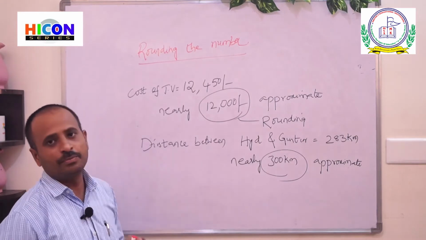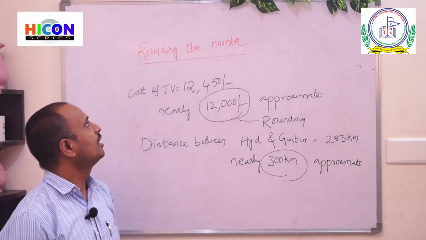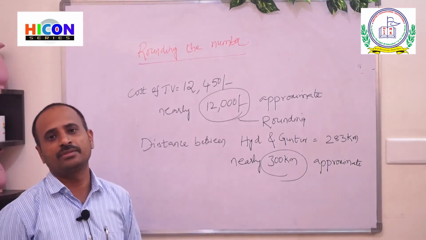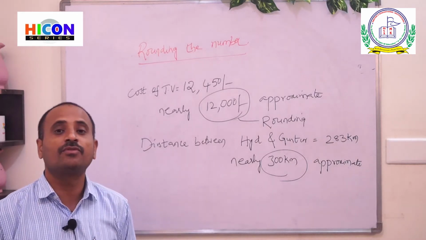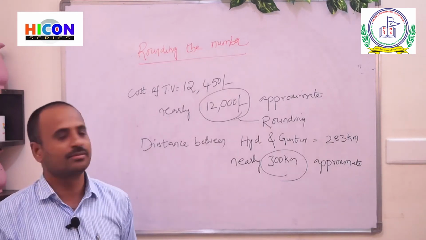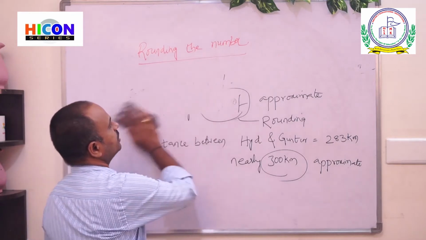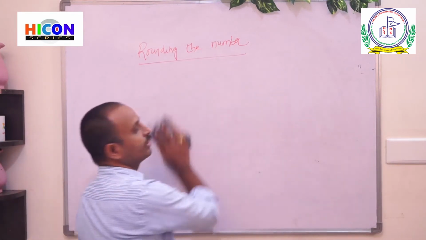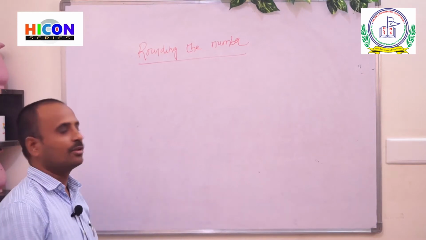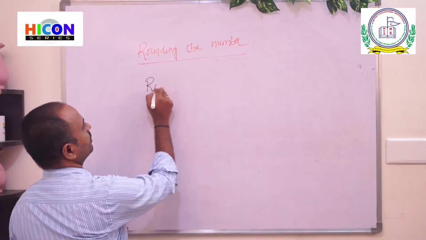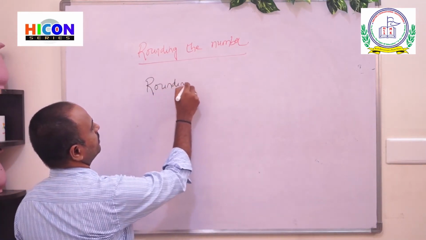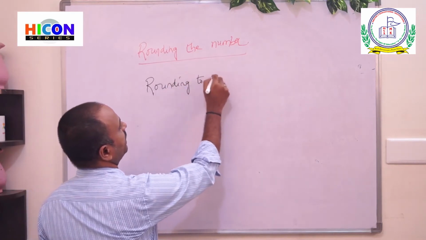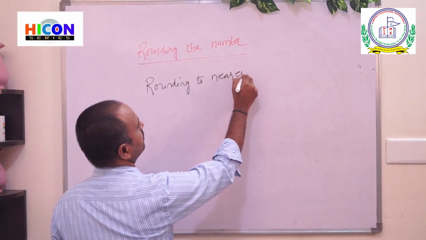Now we will practice some more problems on how to round the given numbers. There are three types of rounding numbers in this chapter. The first type is rounding to nearest 10.